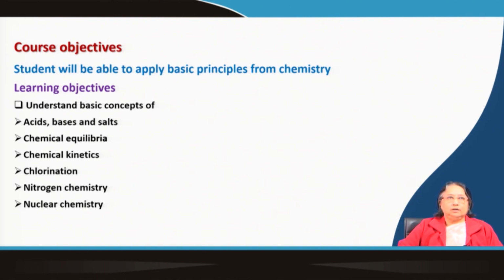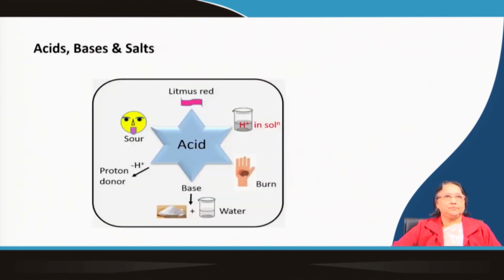The course will be covered by the following topics: acids, bases and salts, chemical equilibria, chemical kinetics, chlorination, nitrogen chemistry and nuclear chemistry. So, in my first lecture I will start with acids, bases and salts.